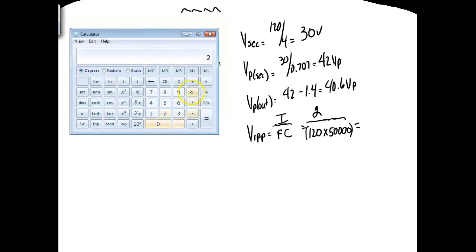So I'd say 2 divided by, then I open parentheses, 120 times 50,000 times 10 to the minus, this is micro, right, 6. Then I close my parentheses and hit equal.